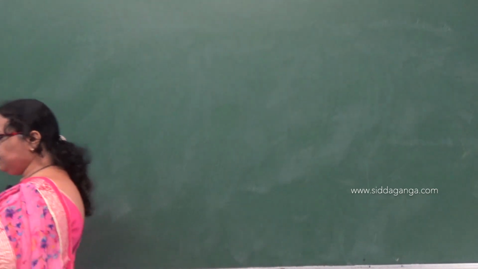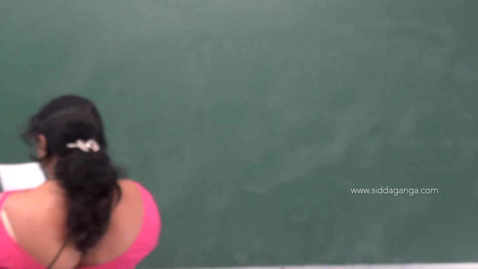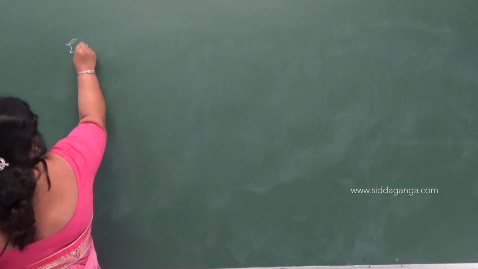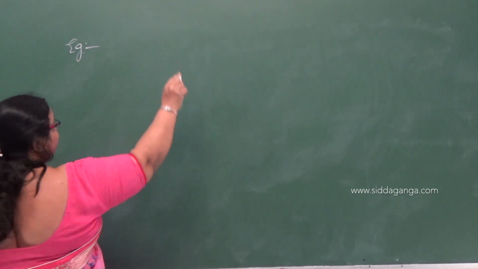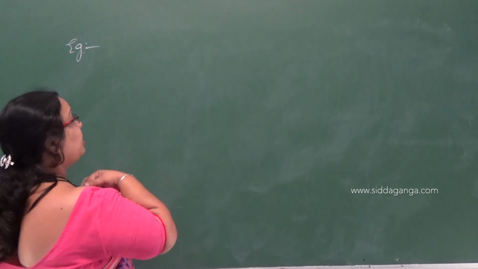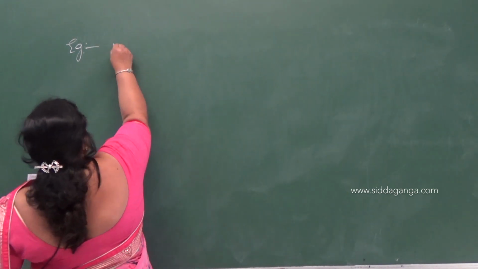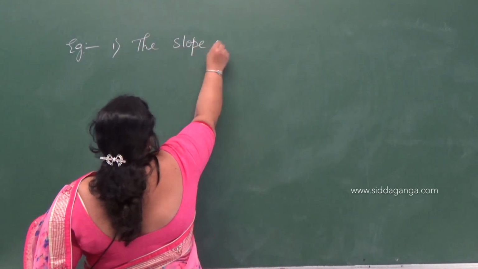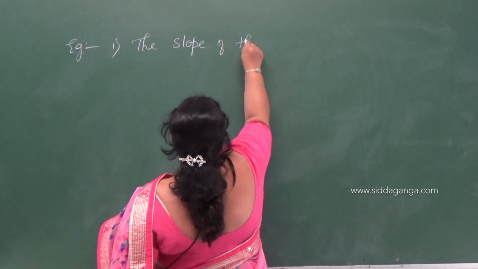Example: the slope of the line joining the points 3 comma minus 2 and 3 comma 4. Directly we are writing the answer because only the concept application is there here.